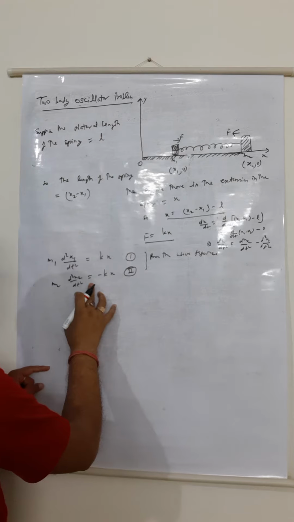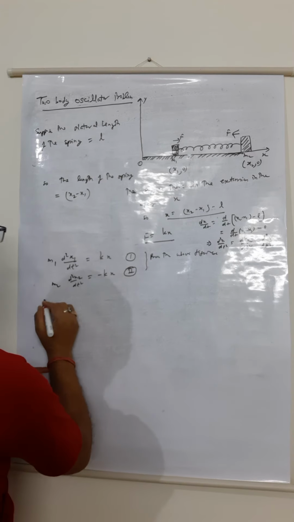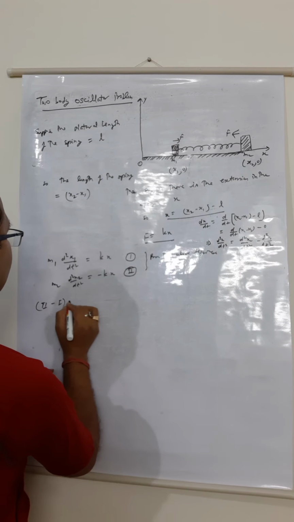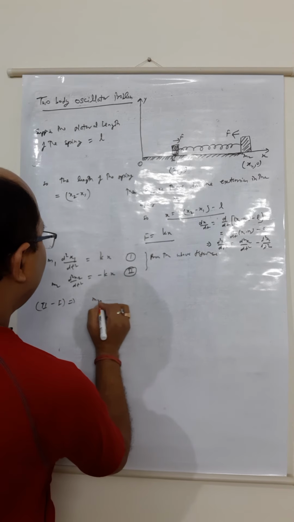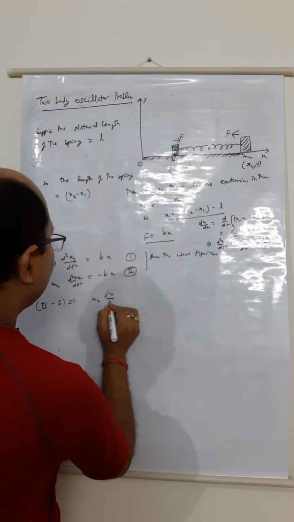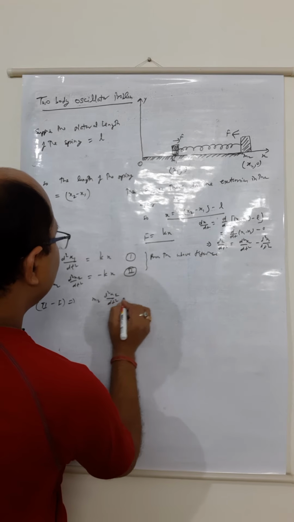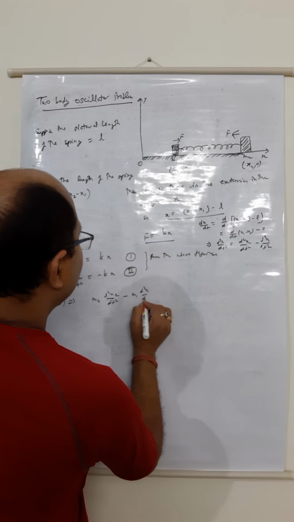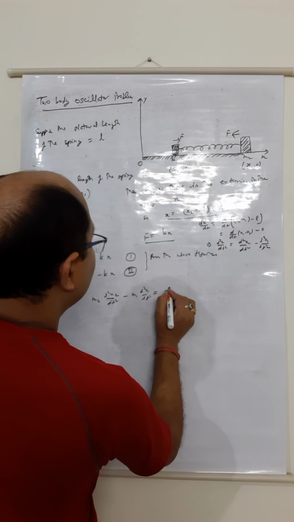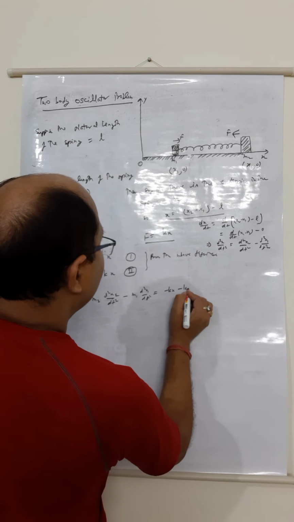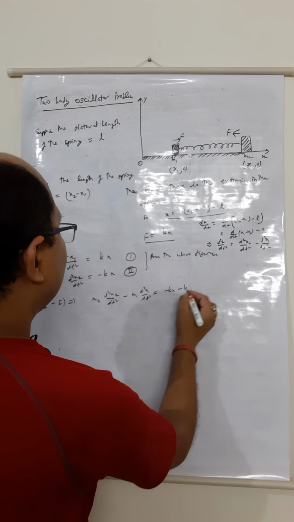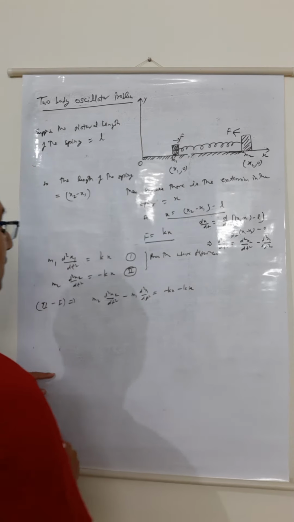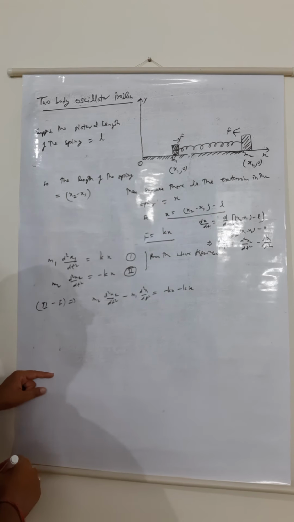Taking second minus first gives m2 d2x2 upon dt2 minus m1 d2x1 upon dt2 equal to minus kx minus kx.